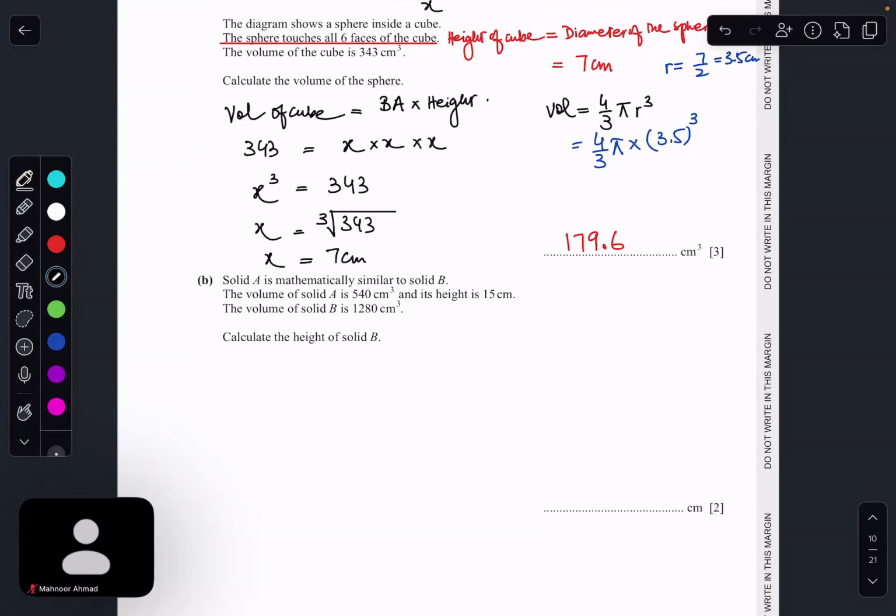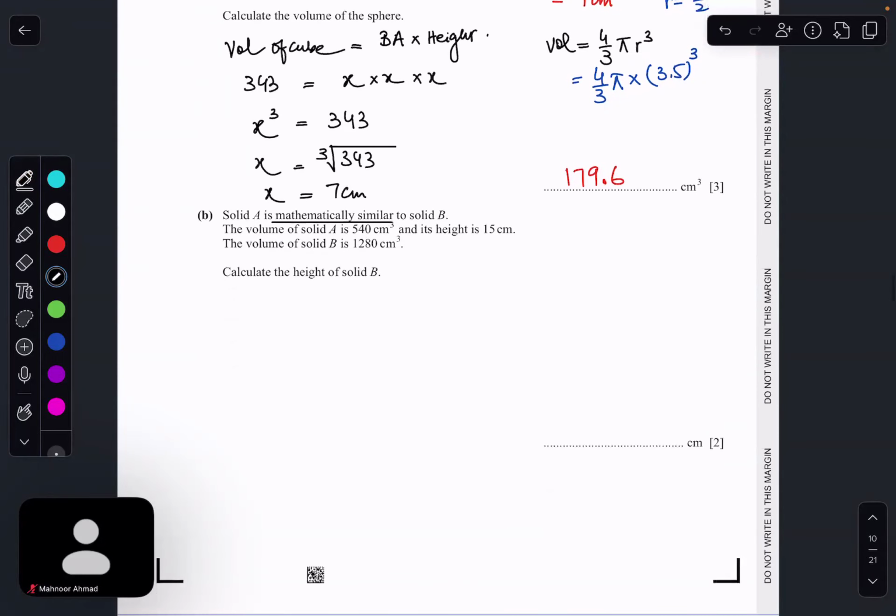Solid A is mathematically similar to solid B. That means we can use the similarity concept. The volume of solid A is this, its height is this, volume of solid B is this, and calculate the height of the solid.